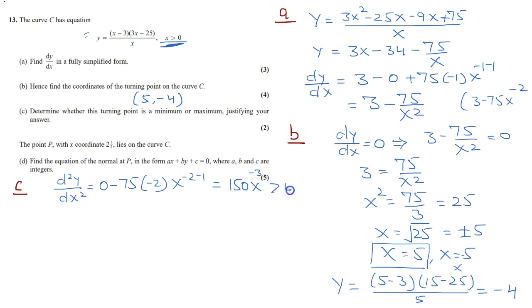And this is greater than 0. This is a positive number. So it means it's a minimum point.